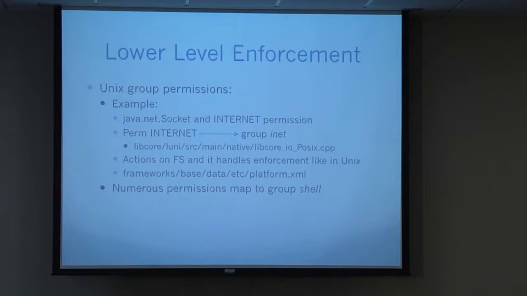Aside from the PEPs, there's actually lower level enforcement that occurs, and this is at a Unix group level. When you say OK to accepting the internet permission, for example, with java.net.Socket and the need for InetAddress, you're actually also putting that application into the inet group. And so what happens is, the socket support is actually wrapped around native code. And that native code is doing some file system operations and other lower level operating system calls.